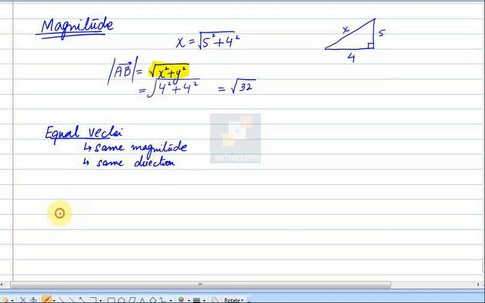Like I say, if there is a vector A to B having a value of 5 units, and there is another vector P to Q having a value of 5 units, it means that AB and PQ are equal. Both have same length, same magnitude, that is 5 units, and both have same direction. So we call these vectors equal vectors. Note it down.